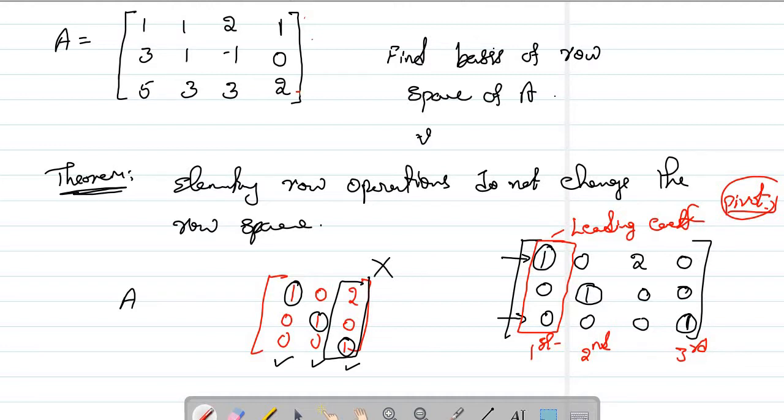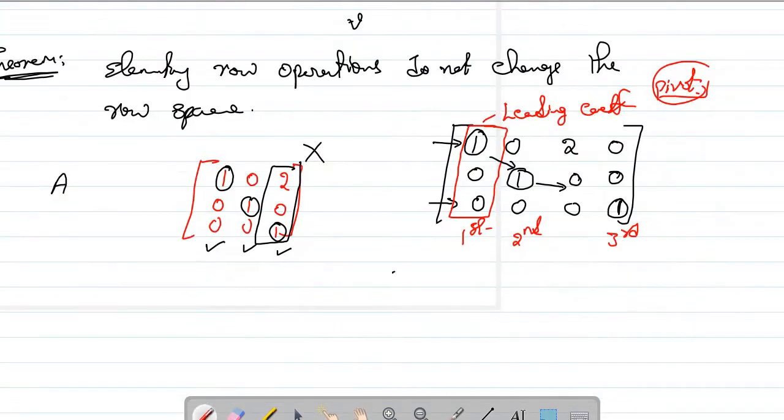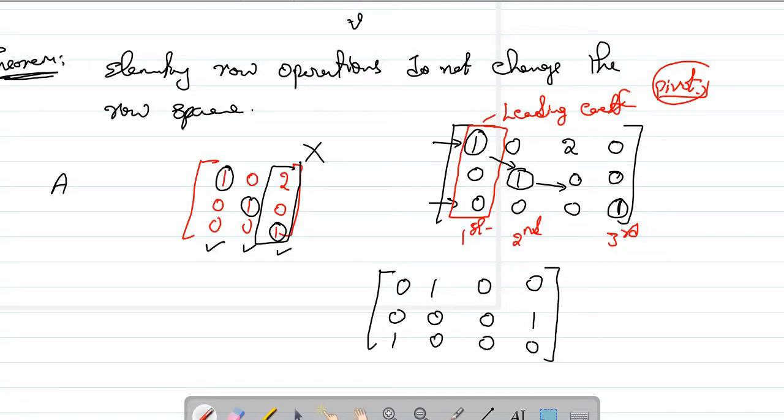And the next thing is, these pivots must be arranged in order only. For example, the pivot position of the second row must be to the right of the first row. What I mean is, if you have a matrix like 0 1 0 0, 0 0 0 1, 1 0 0 0, the pivot elements are 1, here it is 1, and here it is 1.